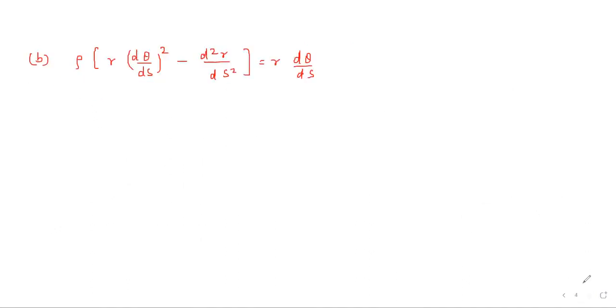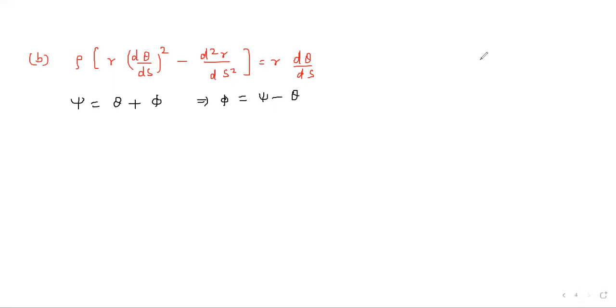Let's take one more question. Rho times r d theta upon ds whole square minus d2r by ds2 equals r d theta by ds. So again, the same triangle we can consider. As we know, psi equals theta plus phi, or phi equals psi minus theta.